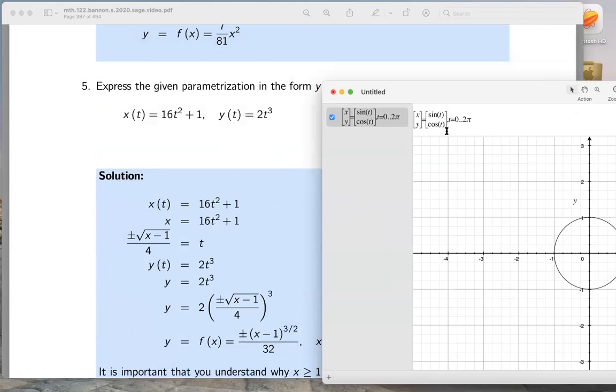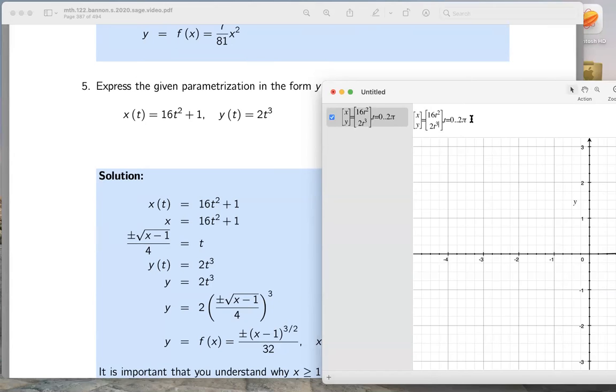And my first is the x is going to be equal to 16 t squared. And the y is 2t cubed. I'm just playing around, 2t cubed. Now, by the way, I do want to change the range, I'm going to say like from minus 10 to 10.